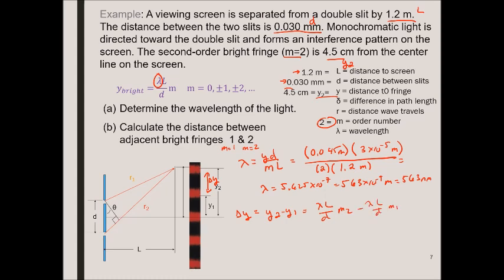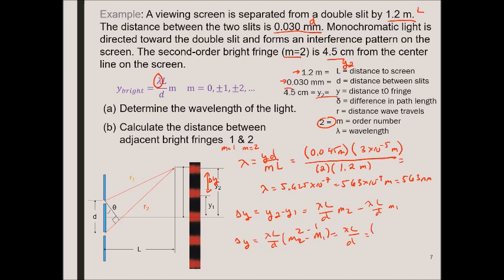Notice I'm multiplying by the same thing, so I can pull that out of the equation. I'll pull it out here, lambda L over d, m2 minus m1. And then we can put our numbers in. That's just 2 minus 1, so that's just 1. So really the formula reduces down to, for this case, lambda L over d.